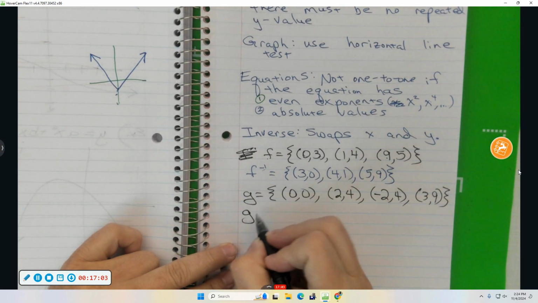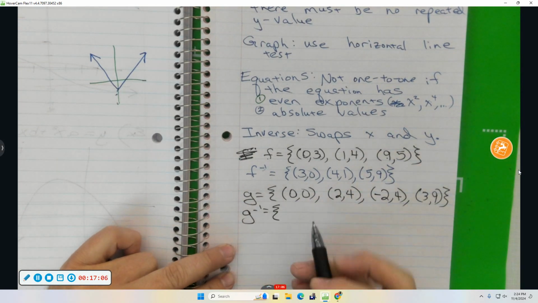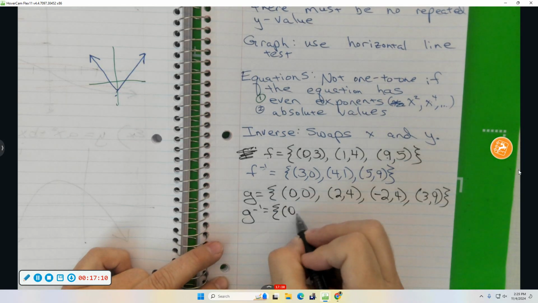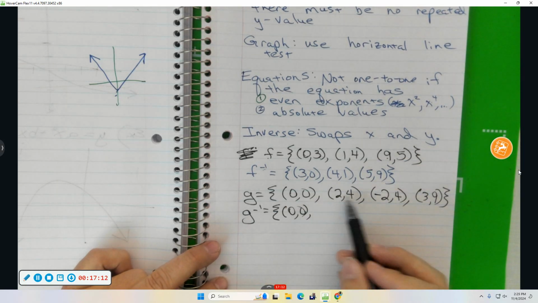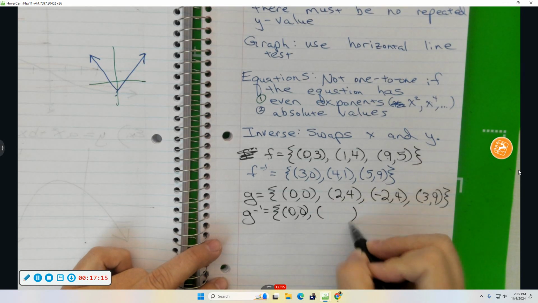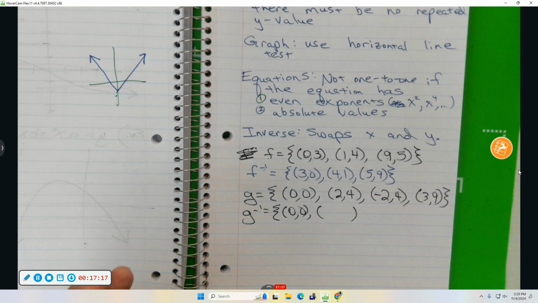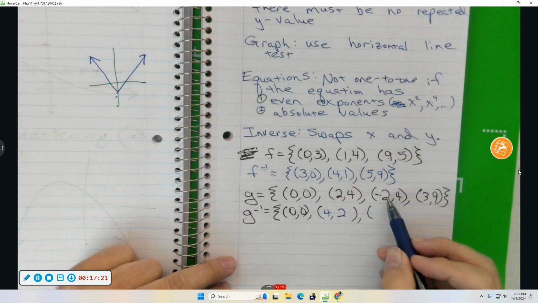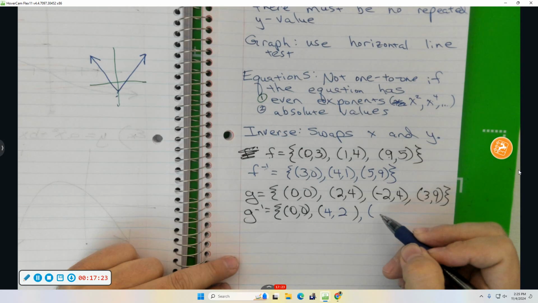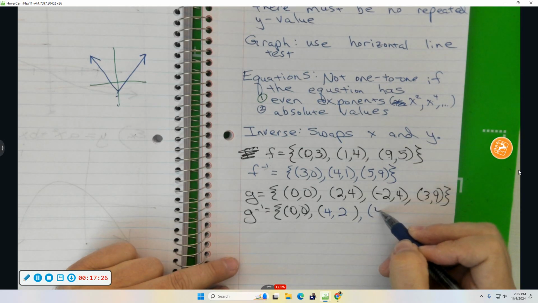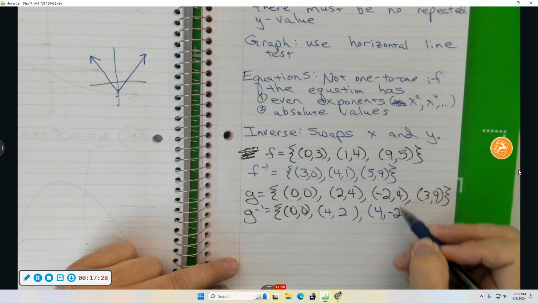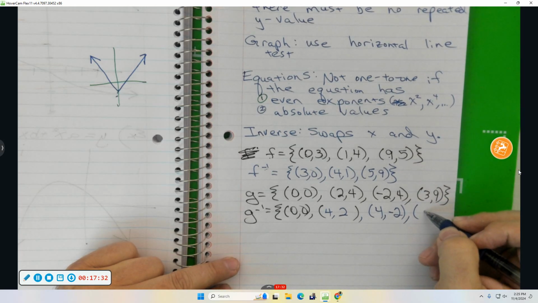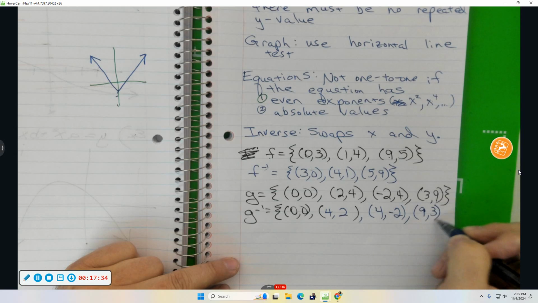Well, the first one wouldn't be very interesting. Reversing 0, 0, you still have 0, 0. 2, 4, what's that going to become when you reverse it? 4, 2, okay. What about -2, 4? What's that going to become? 4, -2, and 3, 9 becomes 9, 3.